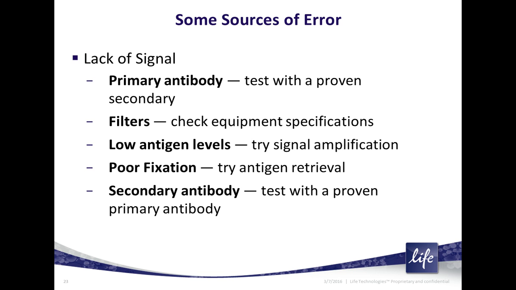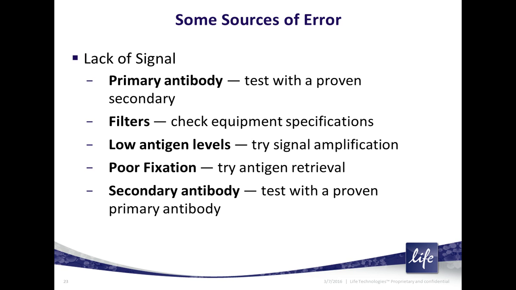Sometimes you get little or no signal just because there's very little of the antigen in your cells that you're targeting for. It may be a low expressing antigen. Poor fixation, if you underfix or even if you overfix, you can get very little penetrance of the dye or of the antibody into your sample.